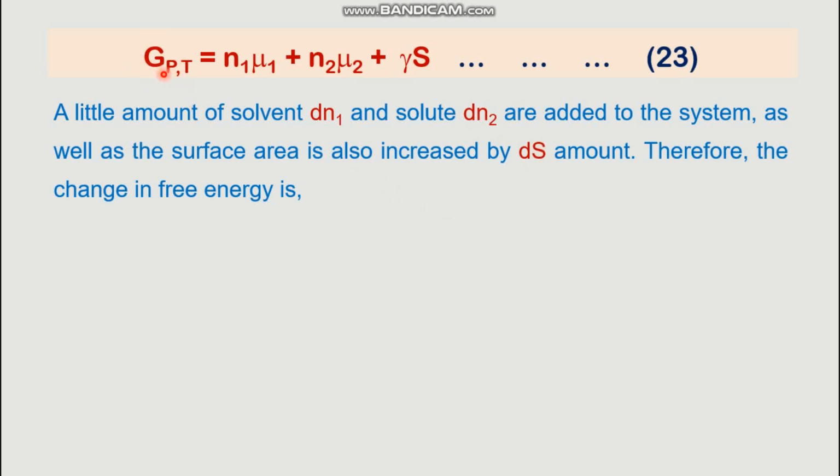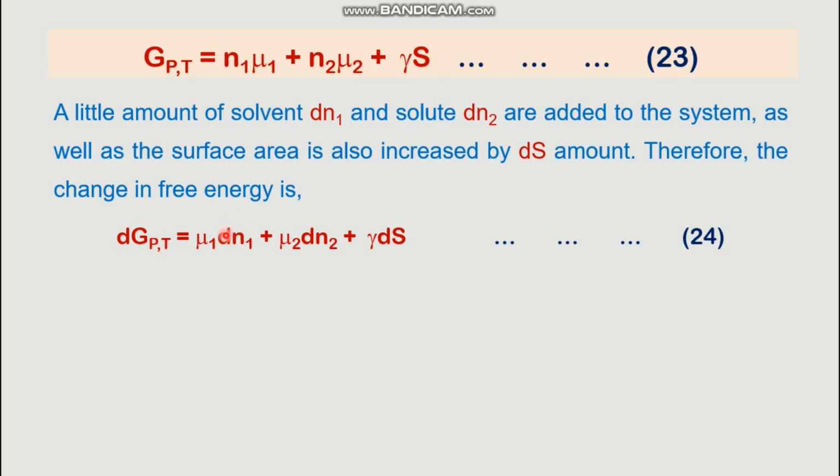The change in free energy should be dG at constant pressure and temperature. Now what has changed? N1 has changed by dN1, so it should become mu1 dN1. Here in place of N2 we should write dN2, and here in place of S we should write ds.